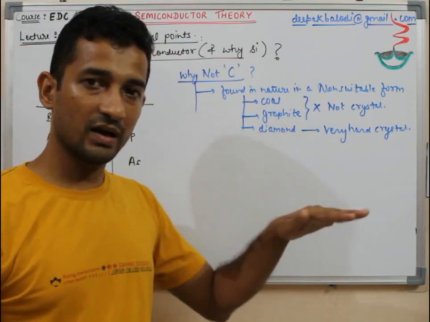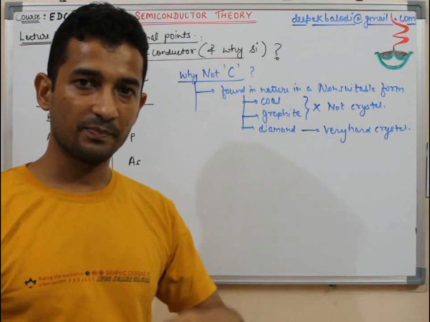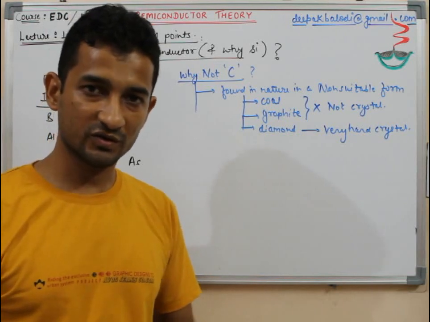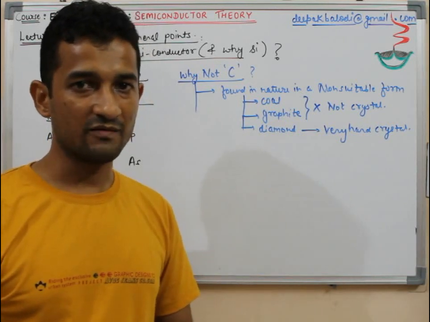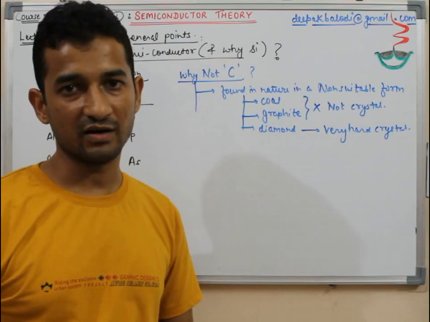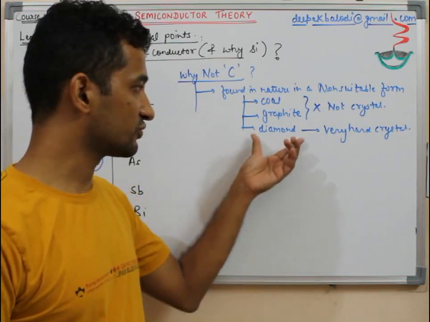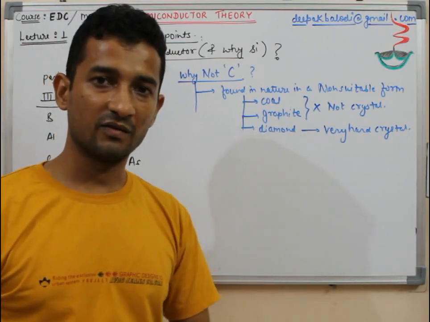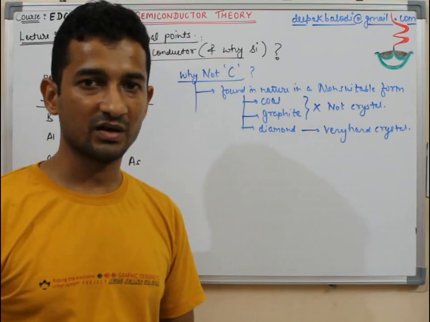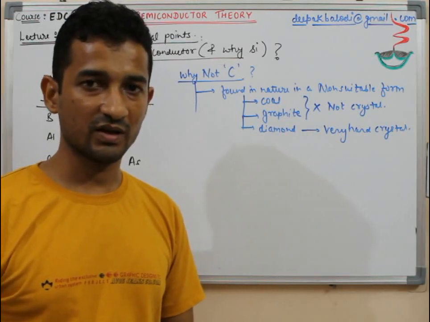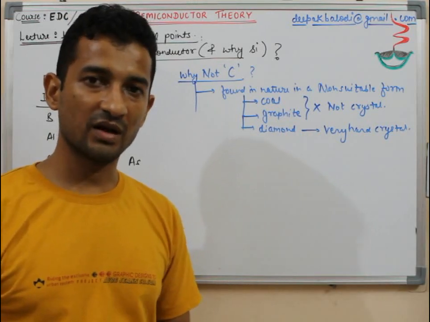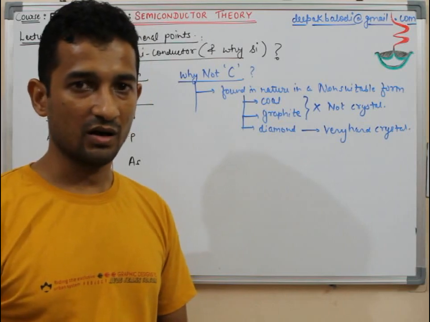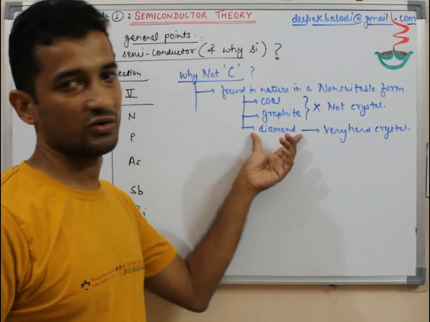So the cutting, polishing and making some manufacturing process onto the diamond will be very expensive and very difficult. So therefore it is not suitable for a method where we have to do lots of high temperature and low pressure processing, and lots of various chemical and physical processes have to go. In that scenario, this is not suitable.